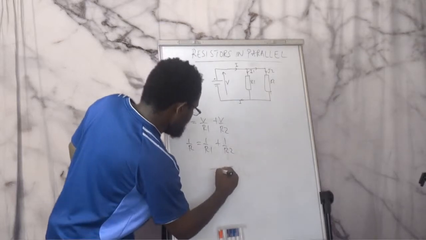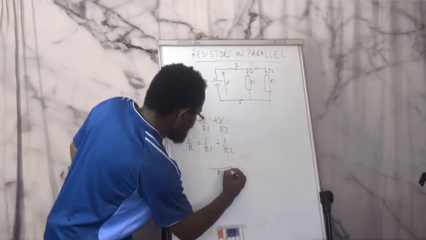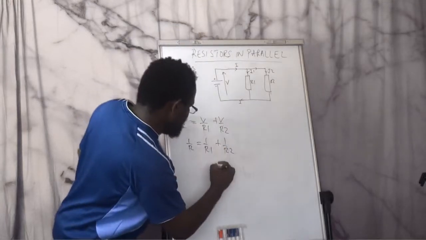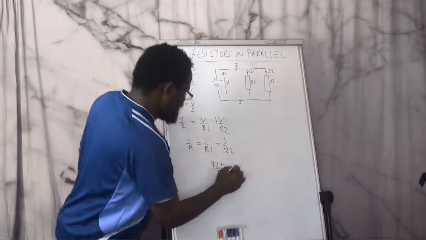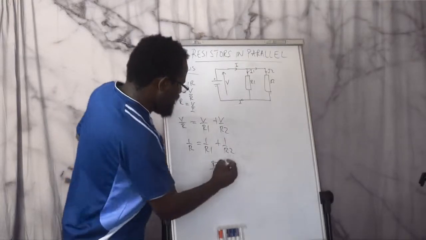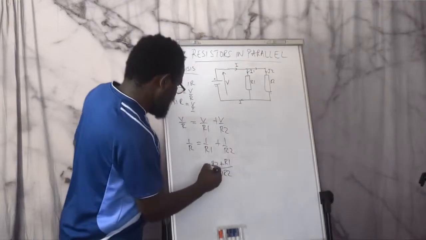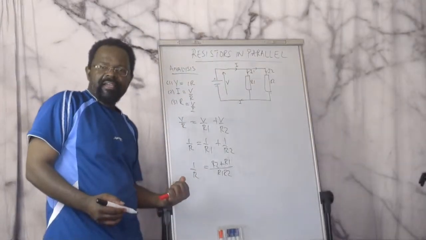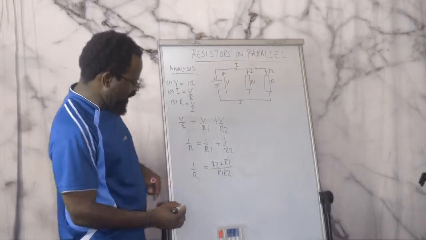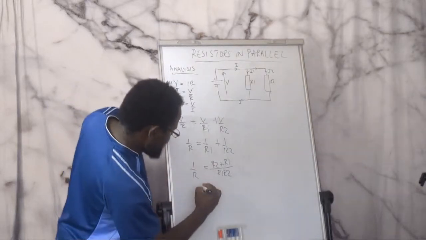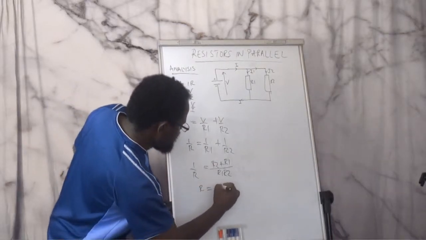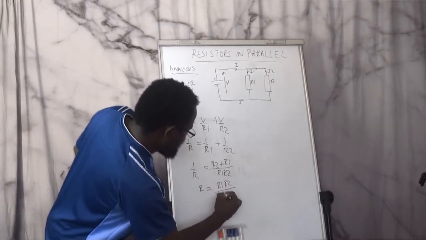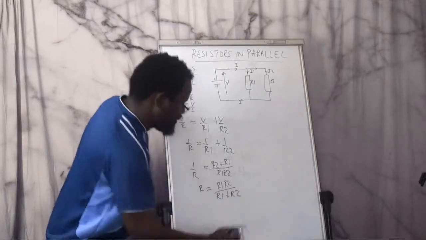Now you put them under the same denominator. A common denominator is R1 R2. So R1 goes there, R2 times 1, you get R2 plus that one goes there, R1 times 1, is equal to 1 over R. Taking reciprocals, you get R is equal to R1 R2 over R1 plus R2.